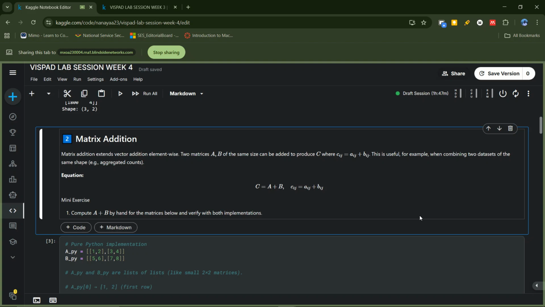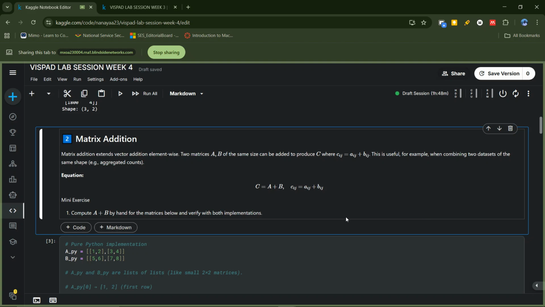So if you have two matrices A, B, and you want to add them, they have to be of the same shape. Why? Because we are doing element wise addition. If it's not of the same shape, it might not really work. So the condition is it must be of the same shape, and that is the same thing for machine learning. Once you have your data set and you want to add it to another data set, it must be of the same shape, depending on how you're adding it though.